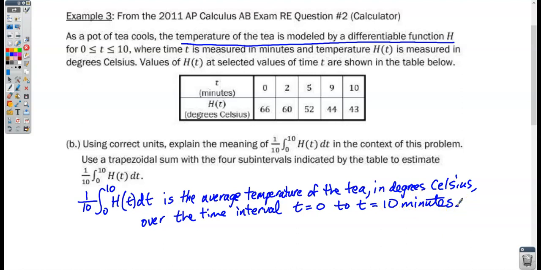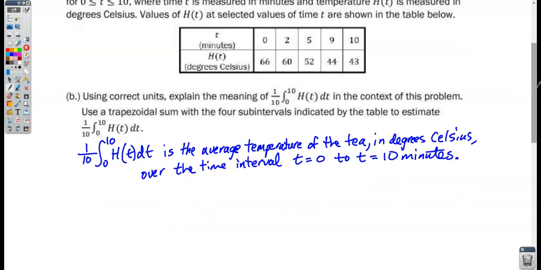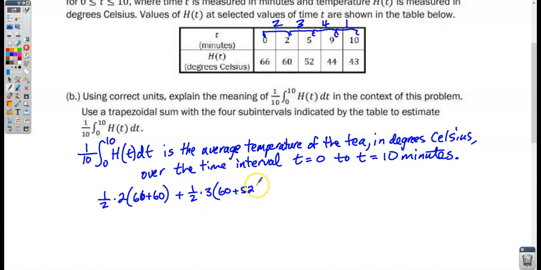And now I'm supposed to use a trapezoidal sum to calculate this. Notice that we've got non-uniform widths for our trapezoids, so we're going to have to calculate each trapezoid individually. The first trapezoid is 1/2 times 2 times the sum of the bases, 66 plus 60, and 1/2 times 3 times the sum of the bases.